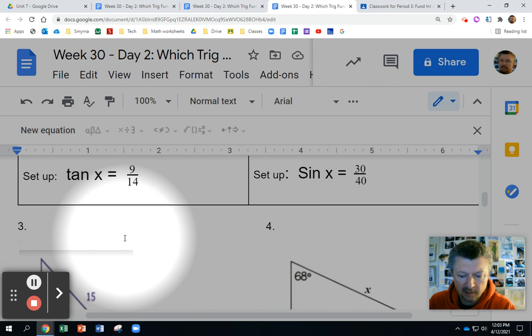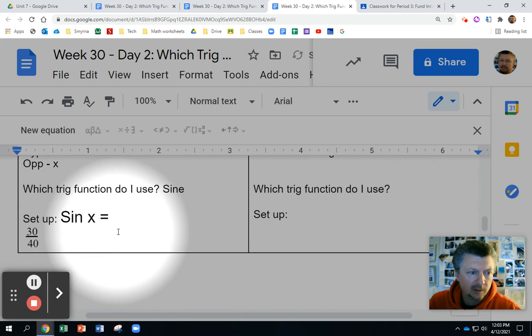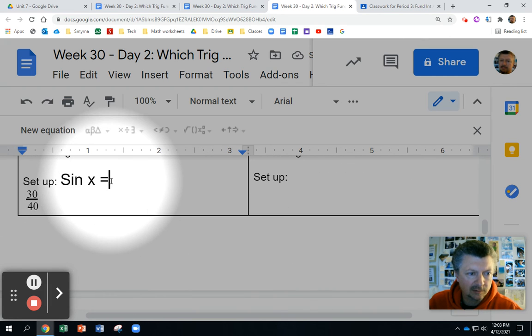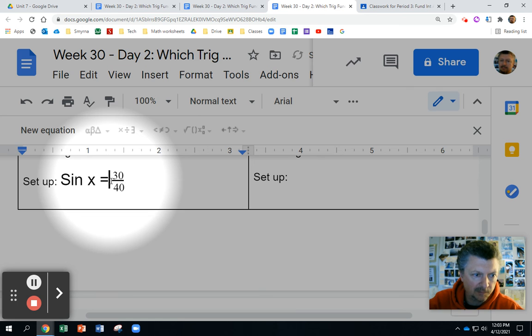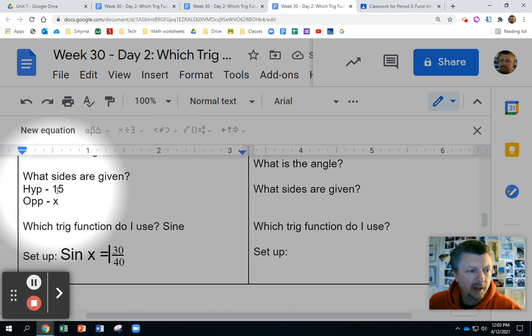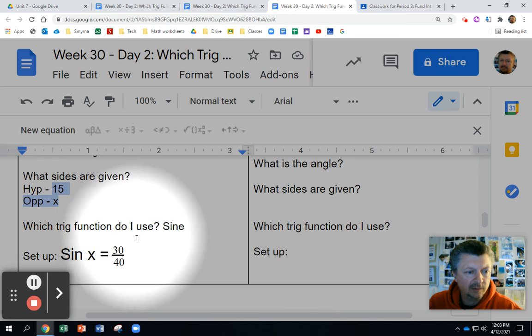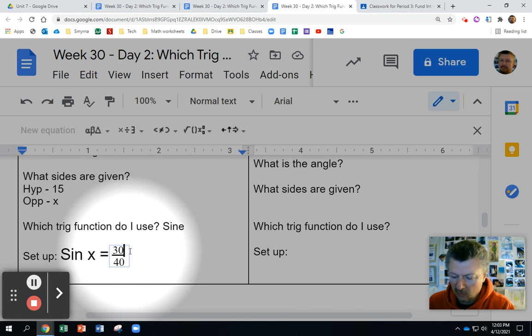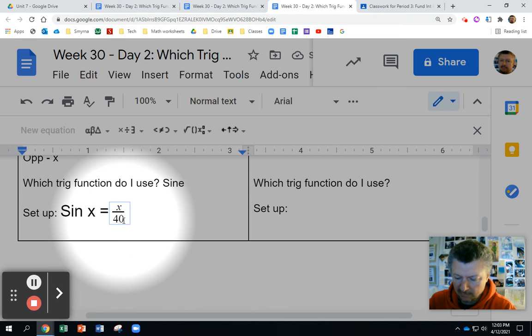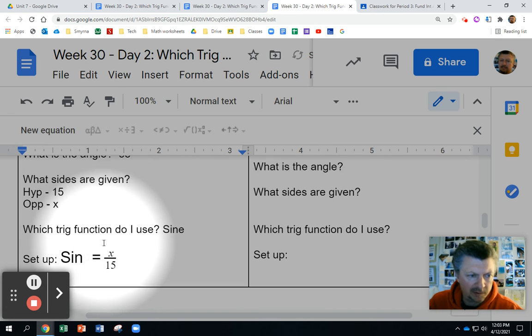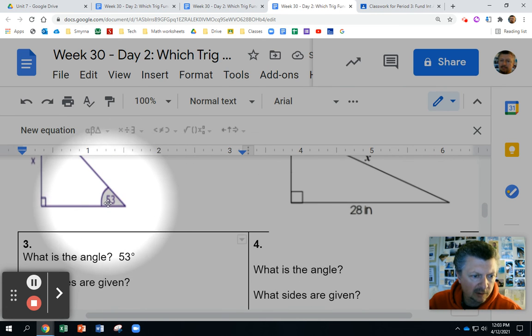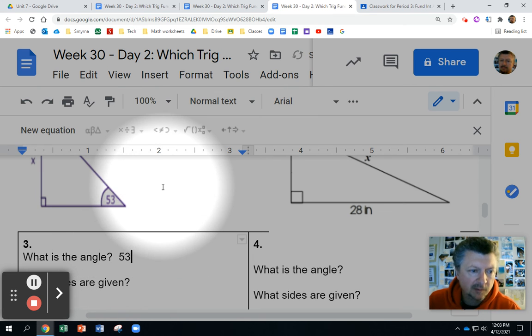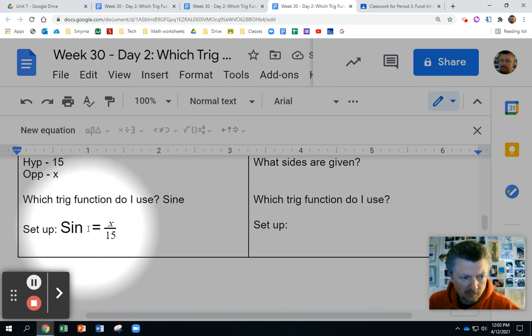So we have the opposite over the hypotenuse, x over 15. And of course, I copied that, so I have to put the 53 degrees. You don't need to put the degrees in there. The angle's 53. That's the setup.